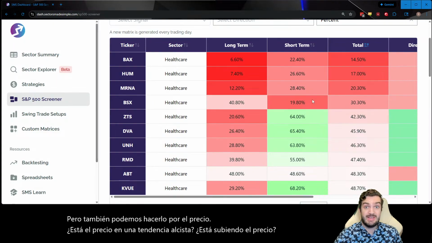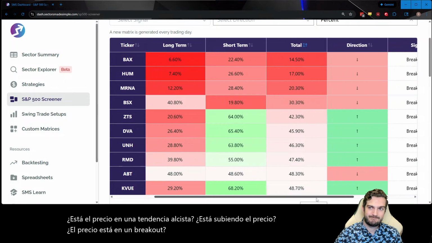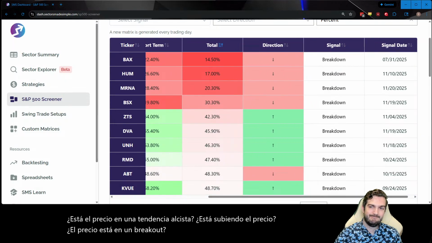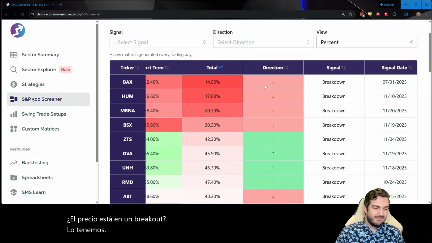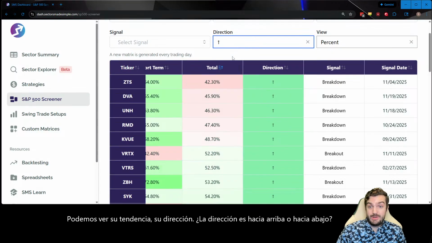Is the price in a breakout? Well, we've got that. We can see its trend, its direction. Is the direction going up or down? Well, what if we only wanted to see companies whose prices are going up right now? Cool, done.